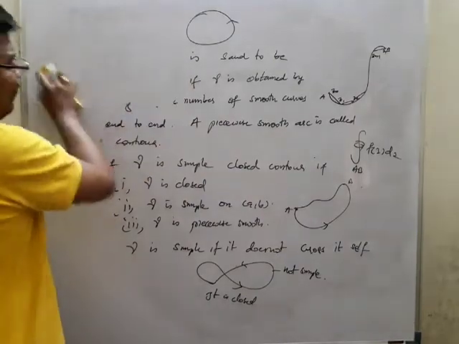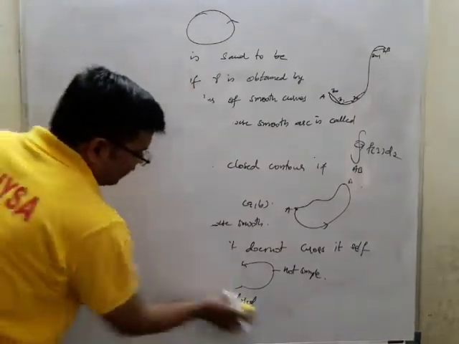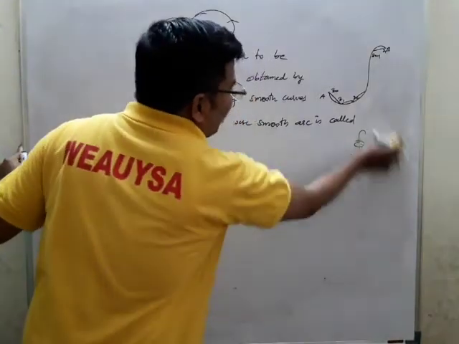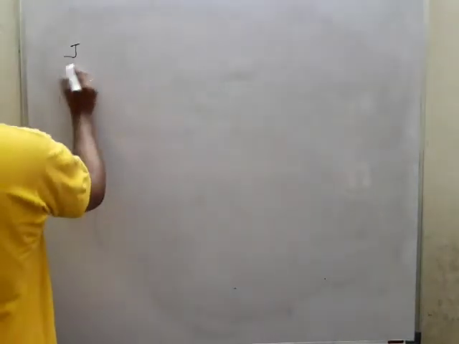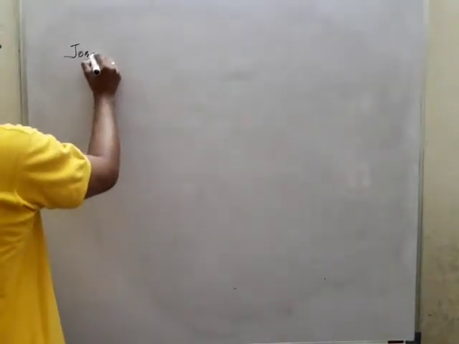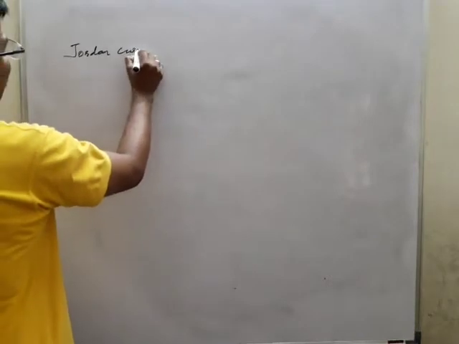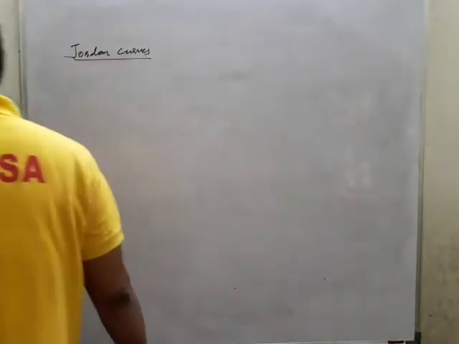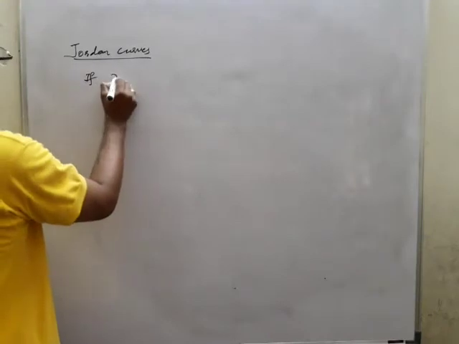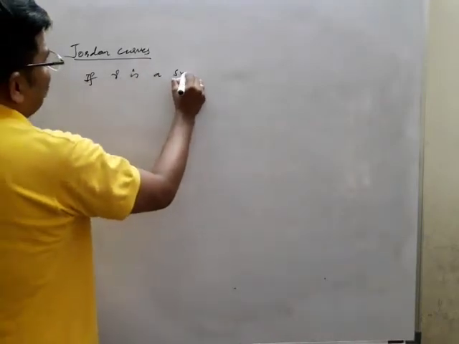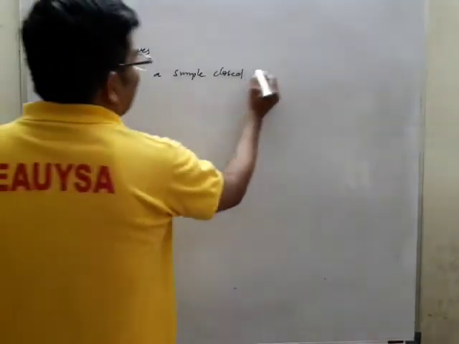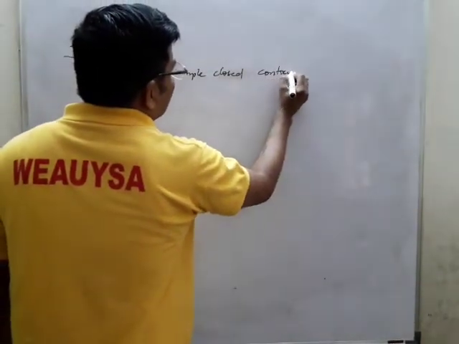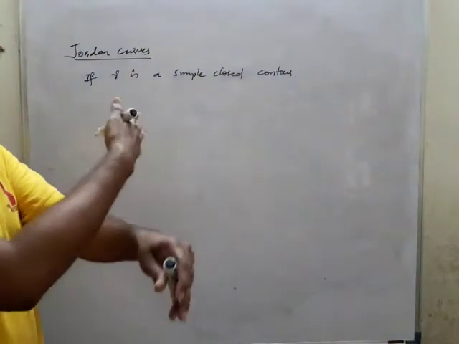There is another topic called Jordan curves. What are Jordan curves? If gamma is a simple closed contour, you should understand that simple closed contour means it is not crossing like this.